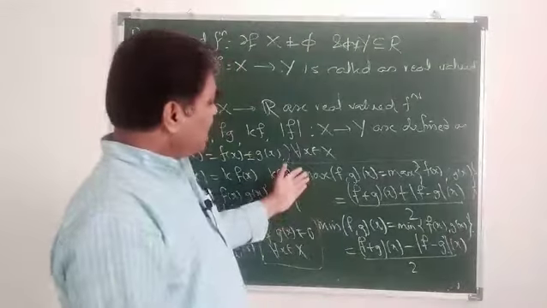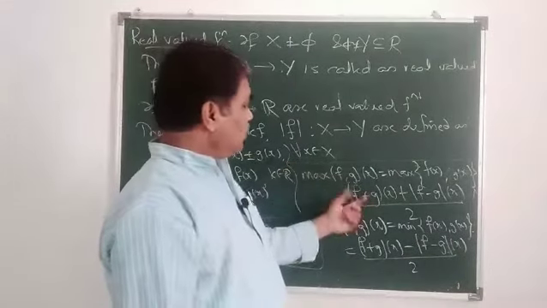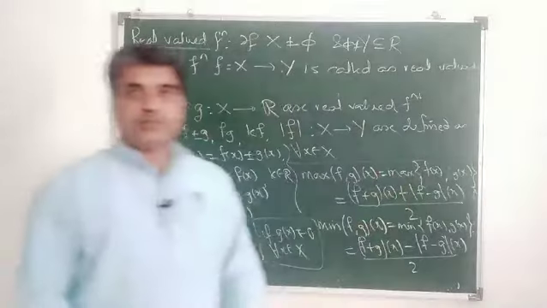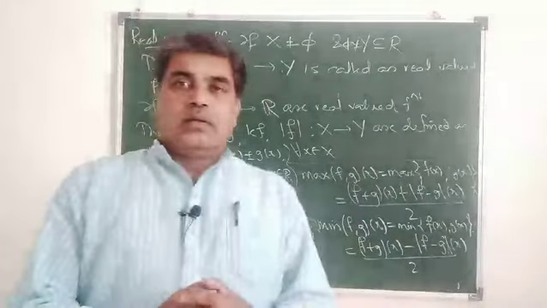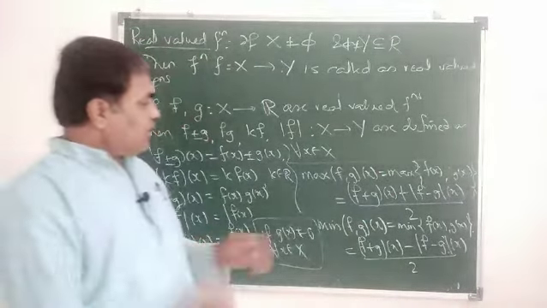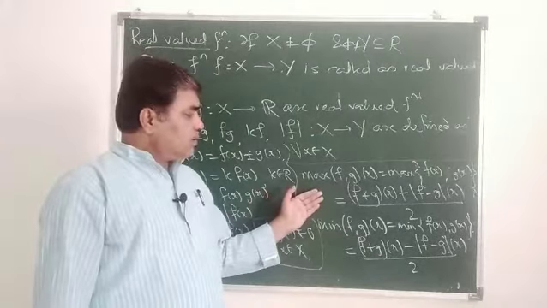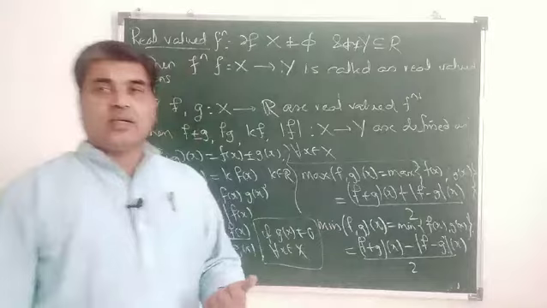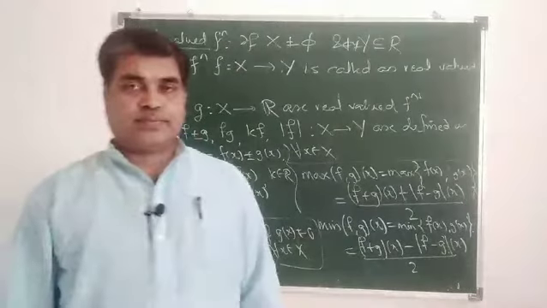Why am I writing this maximum fg in terms of f plus g and mod of f minus g? We are familiar with the algebra of continuous functions, algebra of differentiable functions, algebra of integrable functions.